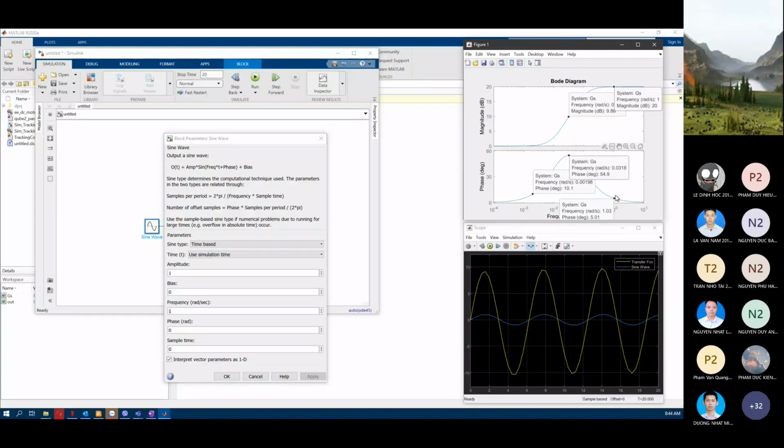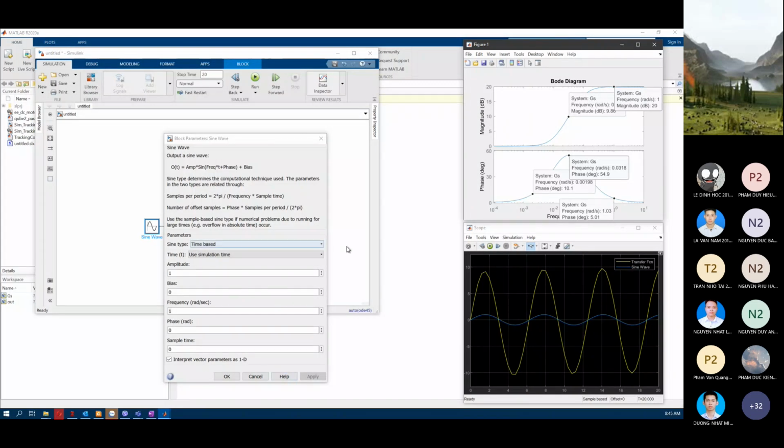The phase difference between the input and the output reduces, and the magnitude becomes constant. That means the output will be about 10 times the input.